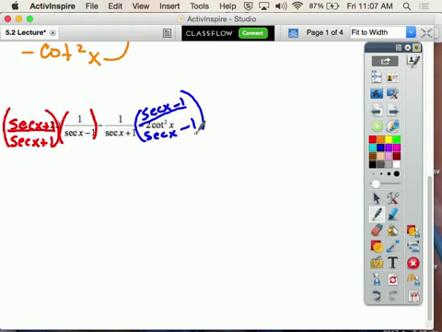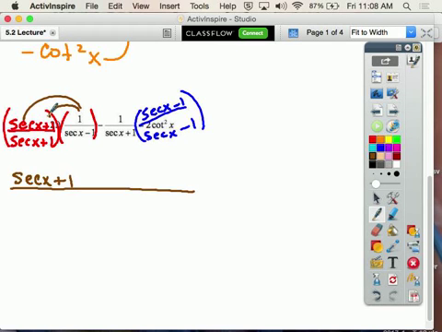The reason I can do this, of course, is because those things are actually ones, and I'm not changing what the fraction means. Now, as I look at my numerators, when I multiply 1 times the stuff on top of the red, I just get the secant of x plus 1.